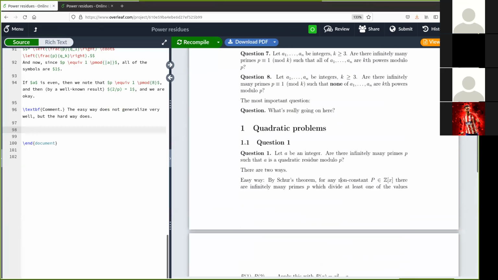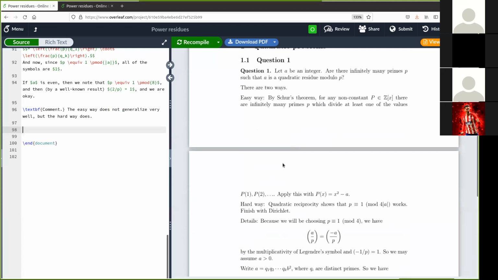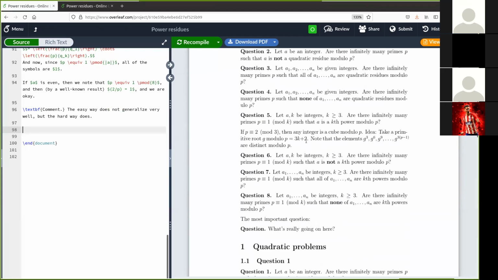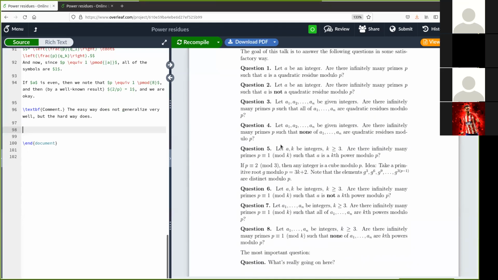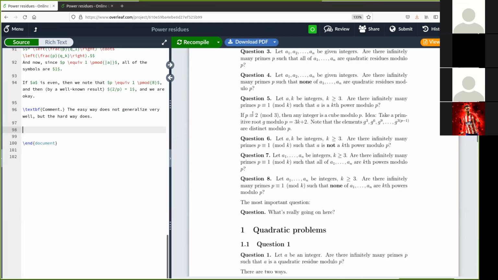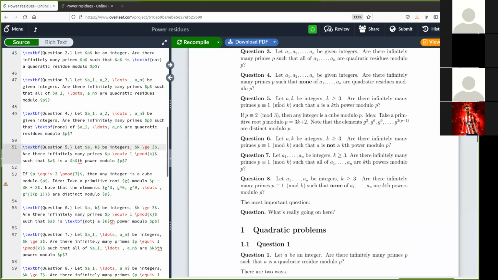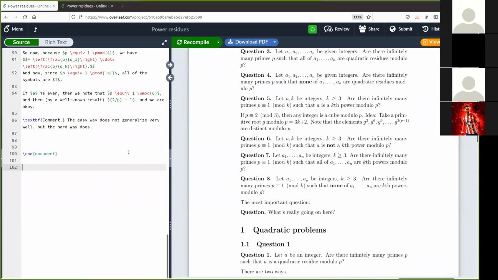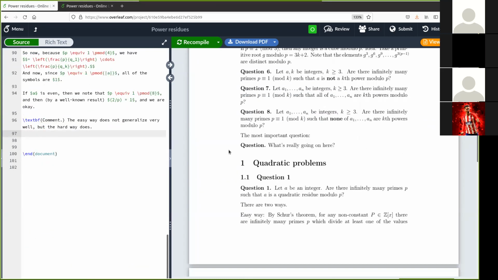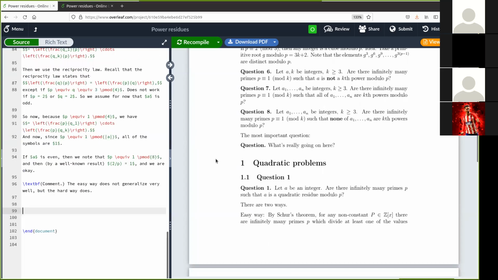One could apply Schur's theorem to the polynomial x to the k minus a, and then get some answer to question 5, but we can't guarantee the condition that p is equal to 1 modulo k. So Schur's theorem is quite limited when we think of the questions mentioned here. But okay, let's move on.